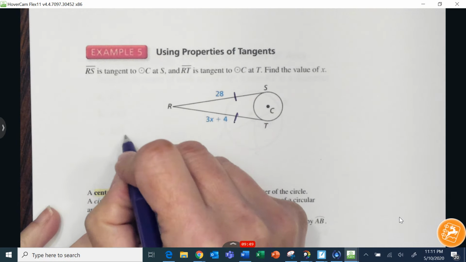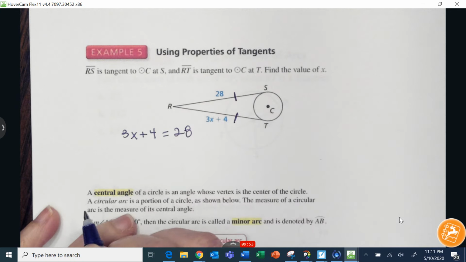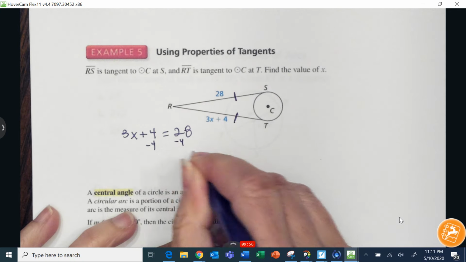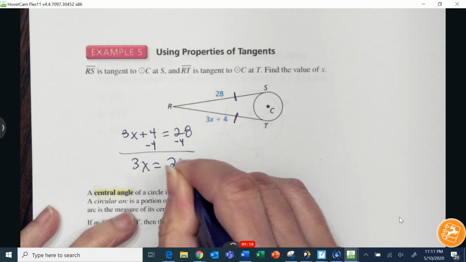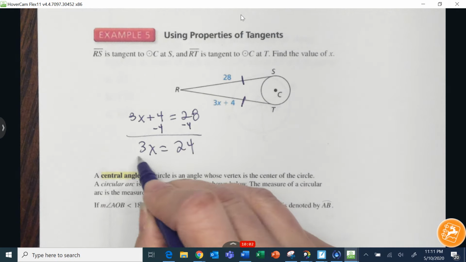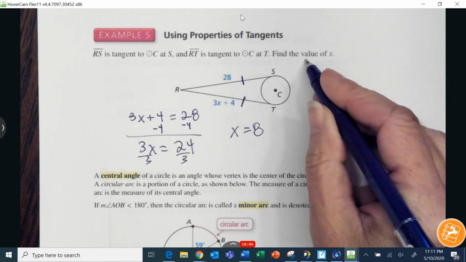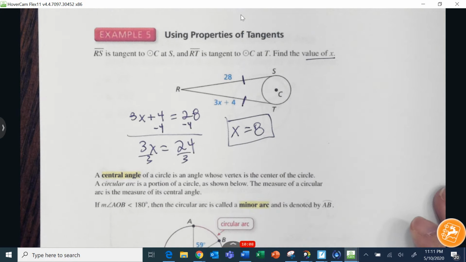So I will set 3x plus 4 equal to 28. I'm going to divide both sides by 3, I get x equals 8. And it says find the value of x, so x is 8.